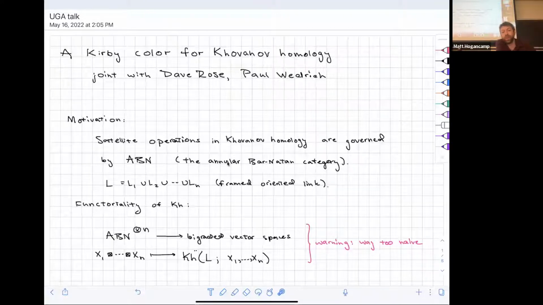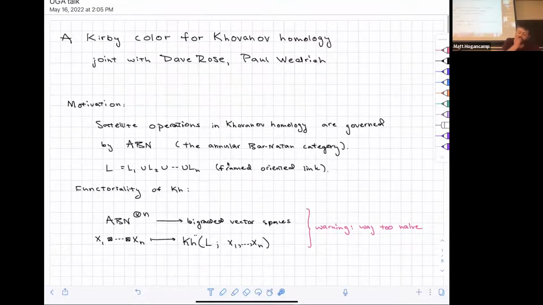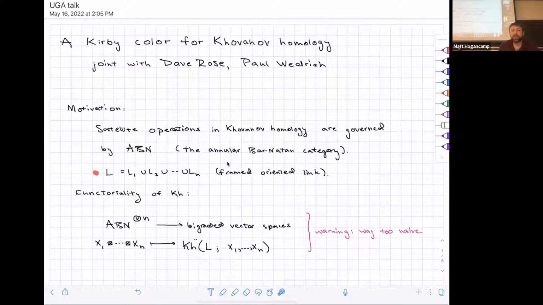One way of saying that is, if you have a framed link, the functoriality of Khovanov homology with respect to cobordisms gives you a functor from many copies of this annular Bar-Natan category into the world of bigraded vector spaces.